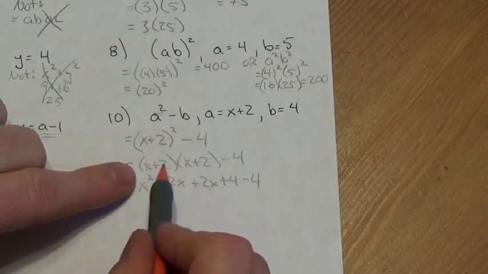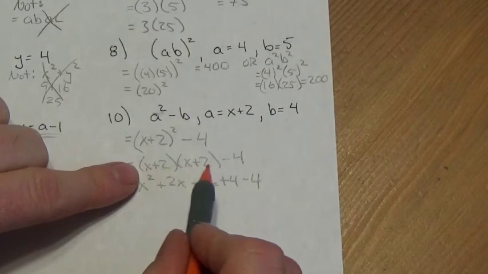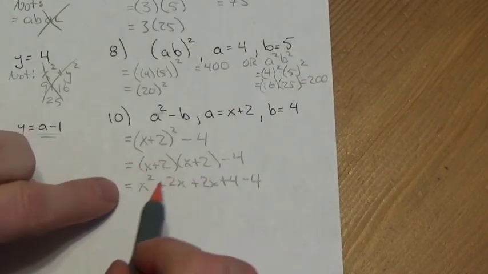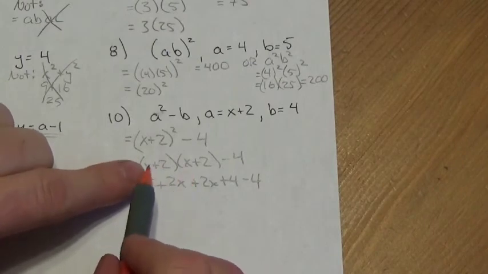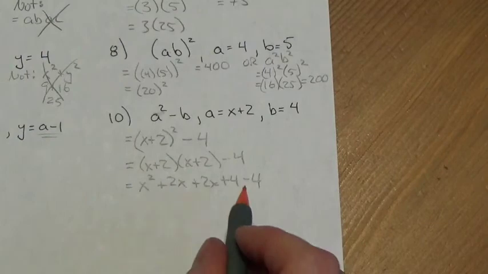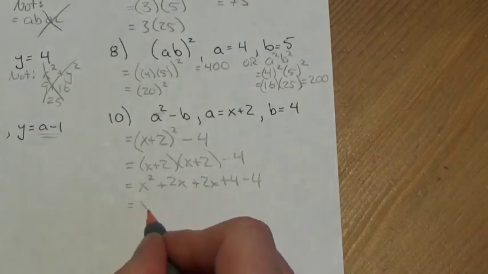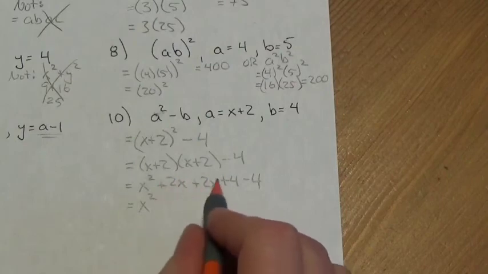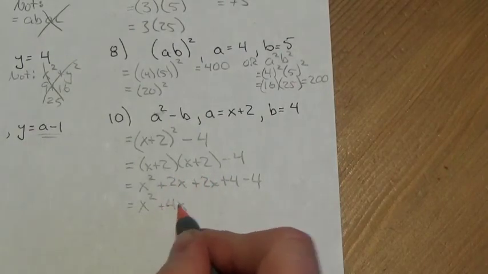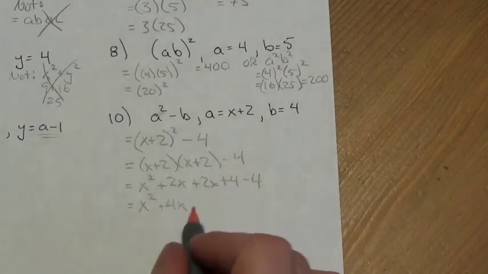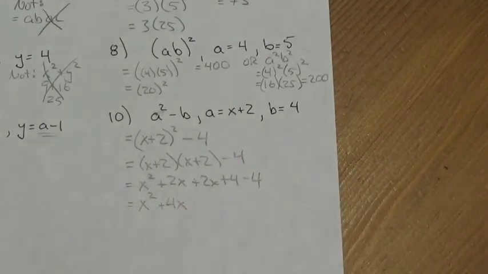Both x and 2 here are being multiplied by the x, and the x distributes to both, the 2 distributes to both. x times x is x squared, x times 2 is 2x. 2 times x is 2x, 2 times 2 is 4. And now just cleaning it up, I've got an x squared term. 2x is here, 2x is here for a total of 4x, and 4 minus 4 is 0. So I don't have to write that because it's just 0.